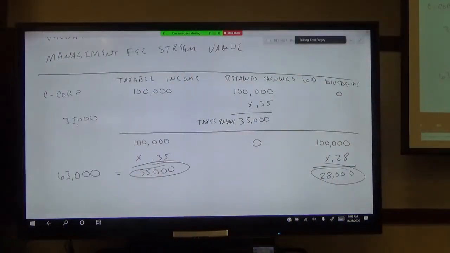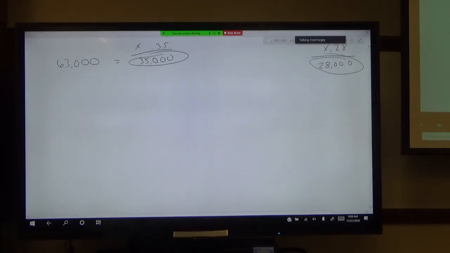Now, what I'm trying to do here is to wake you up to the reality that taxes matter. Ownership structure matters, okay? Because if your objective is to try to minimize your tax liability, probably one way, if you're talking about ownership of a lot of assets, is to form some form of partnership.